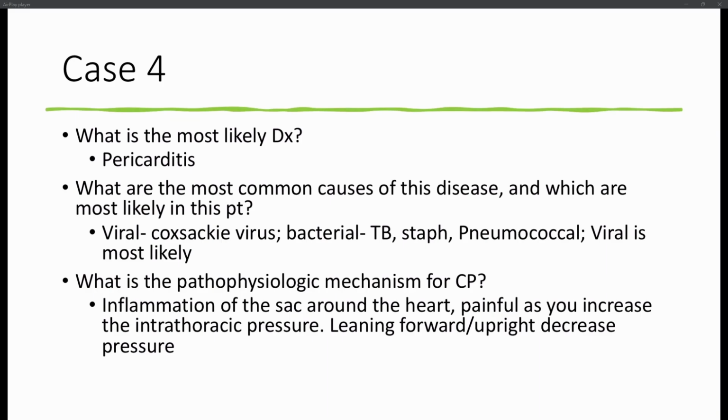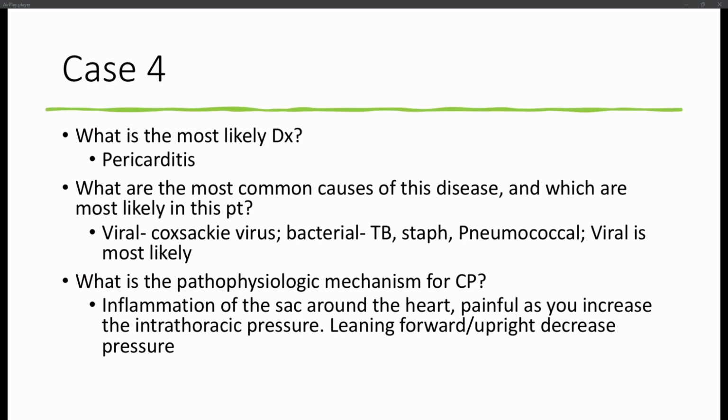So, diagnosis of pericarditis. Let's say I gave you that scenario and asked which of the following would be the cause of this patient's pain. Answer number 1, blocked vessel. Number 2, trauma to the chest. Number 3, Coxsackie virus.